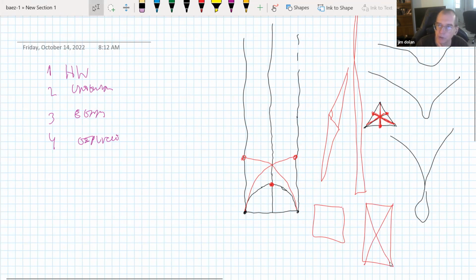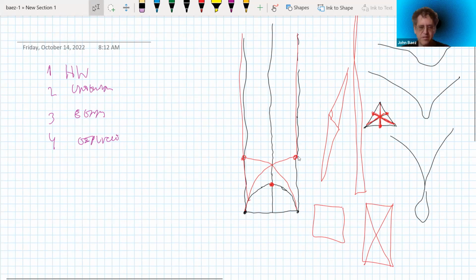Those are both ways of splitting it up into acute triangles. But I think that's the only time you have a choice. That's the only boundary type thing, unless I'm screwing up or something like that.